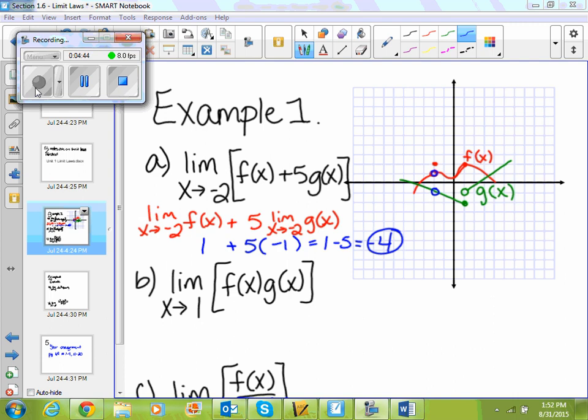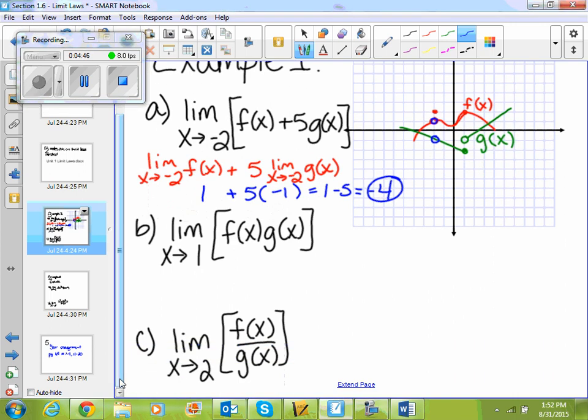I do the same thing for part B. I know that if I'm looking at functions that are being multiplied together, I can evaluate the limits separately and then multiply my solutions. So the limit as x approaches 1 of f of x times the limit as x approaches 1 of g of x.